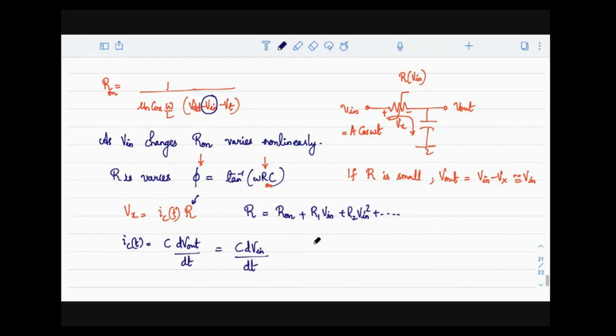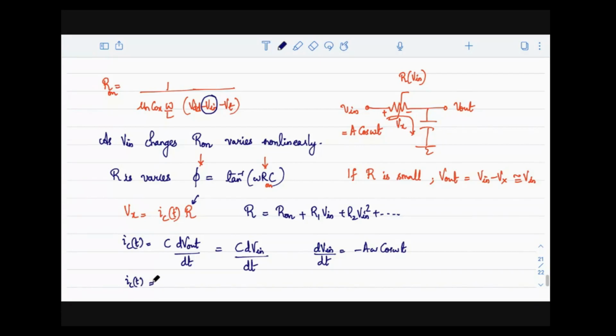Now what is V in? V in is A cos omega t. So dV in by dt is equal to minus A omega into sin omega t. Right. So this analysis is just to see the nonlinear part and then to understand that there is a nonlinearity, we need to actually do something.